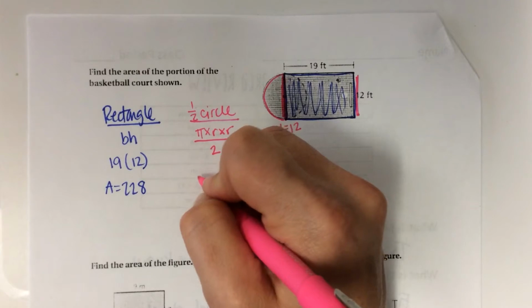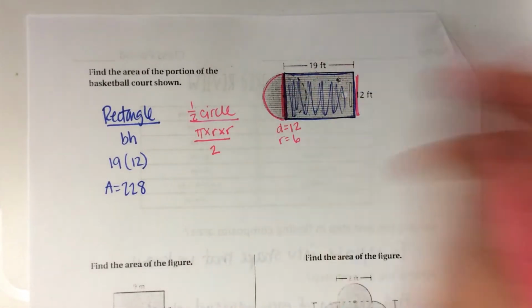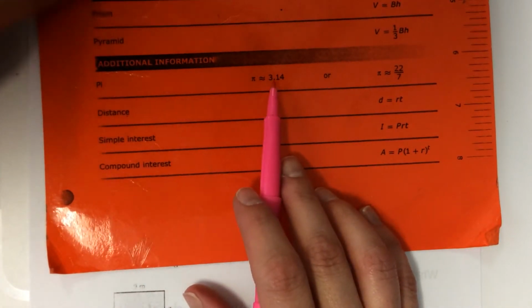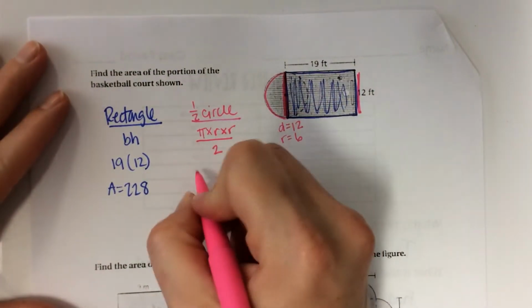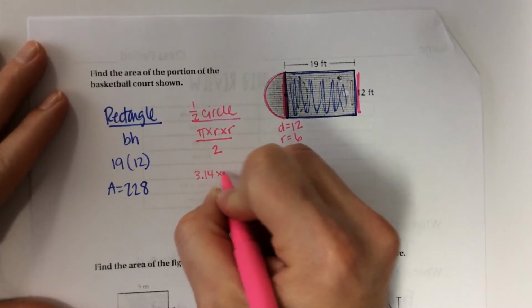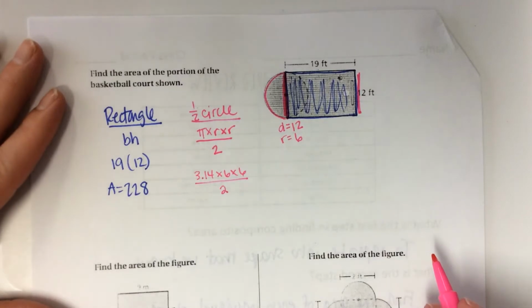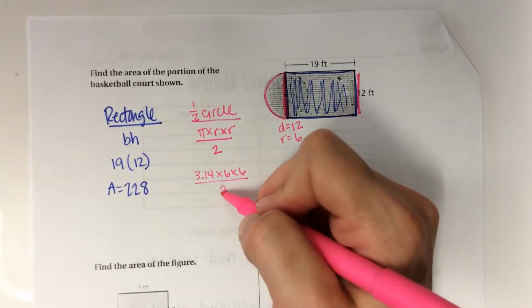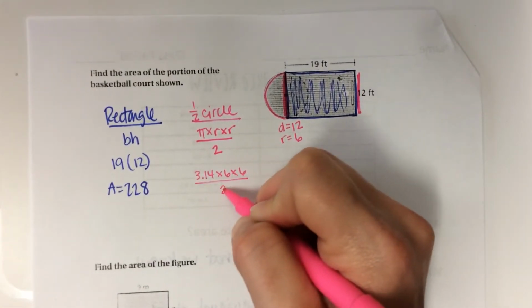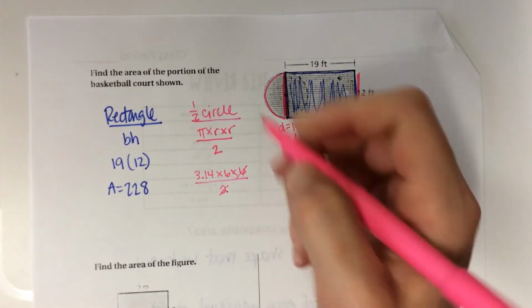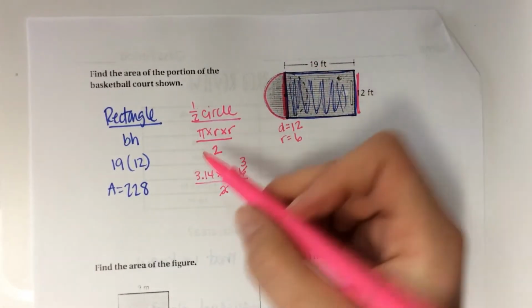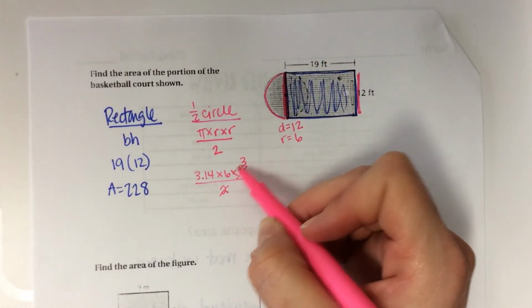So now I'm going to plug that in. We also know the number for pi. If you forget, that's okay because it's on your formula chart. It's right down here. It says pi is 3.14. So you have 3.14 times 6 divided by 2 because we're only finding half a circle. So I'm going to do my division: 6 divided by 2 is 3. So now I have pi times 6 times 3.